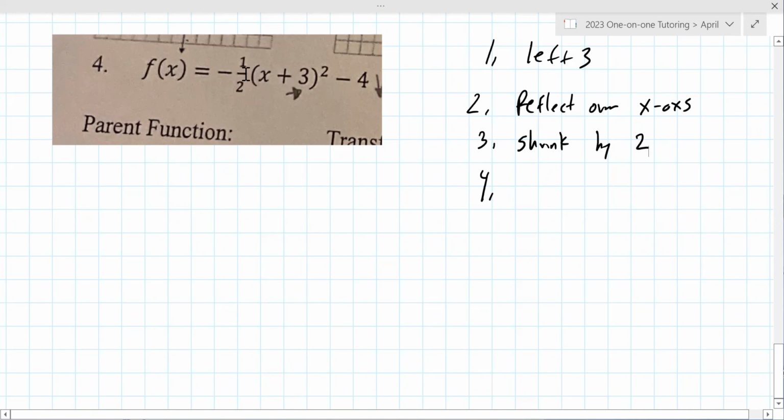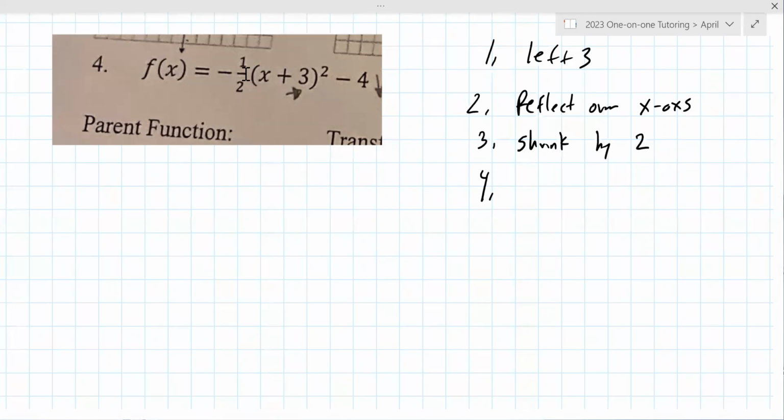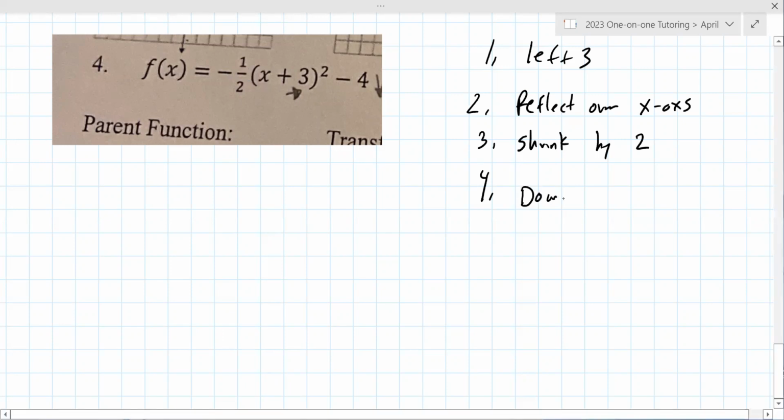You are effectively multiplying the y value by 1/2. You can also think of it as dividing by 2. The correct one is to say it's shrunk by a factor of 2. Make sure to keep doing that and play it safe. And the fourth part would be to move down 4 units vertically. Very good. Okay.